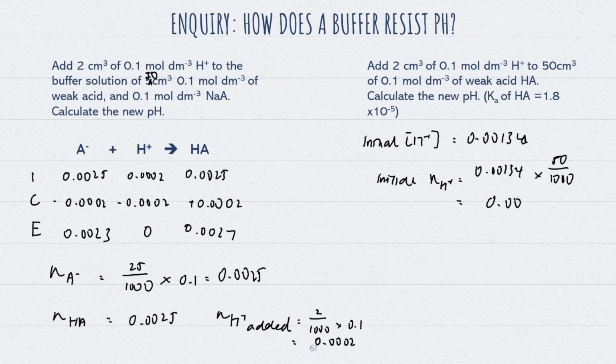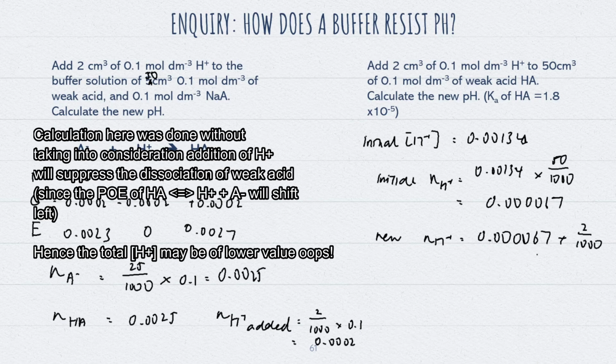Then now when we add this small amount of strong acid, the number of moles of H plus will just be this plus the added moles.